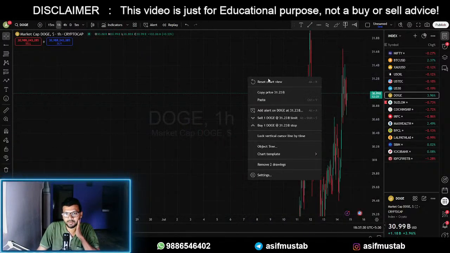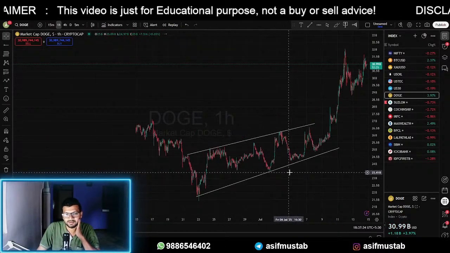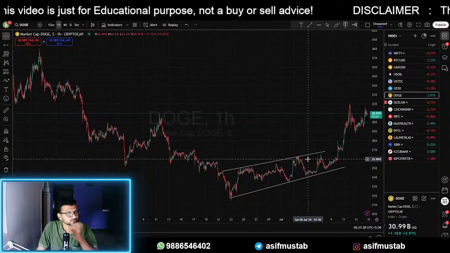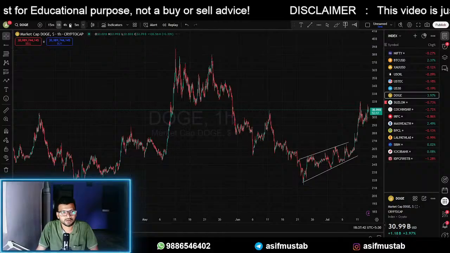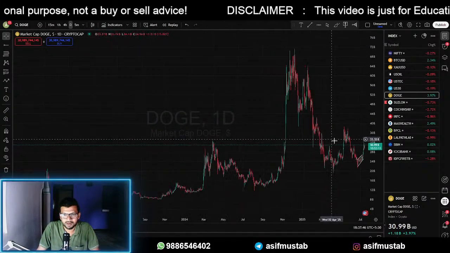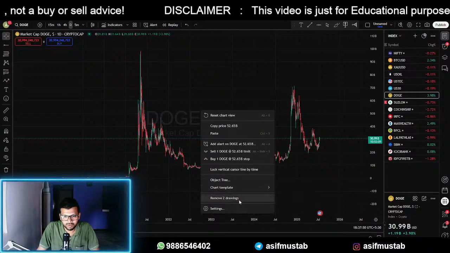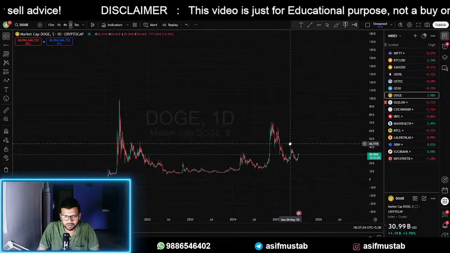Doge is directly proportional to BTC. If the BTC is moving upside, Doge will move upside. And if the BTC is down, Doge will also be down. And if you can see, Doge started moving upside, and I hope this time Doge makes a big move in the market. We are expecting a big move in Doge.